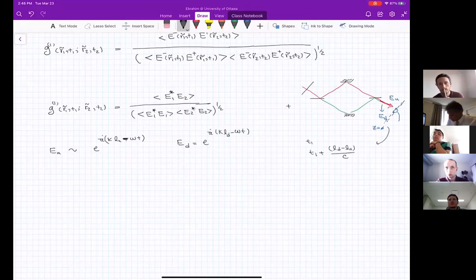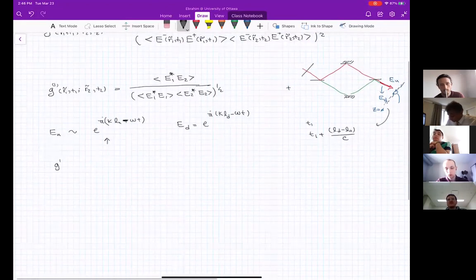So if you start with the equation that we had above, then the G1 function will be given by, I don't keep the functionality, later on we will discuss that.